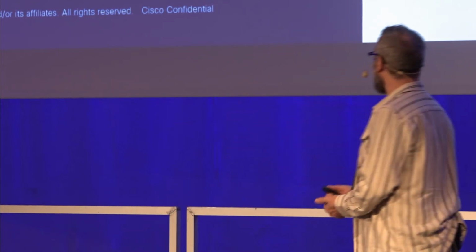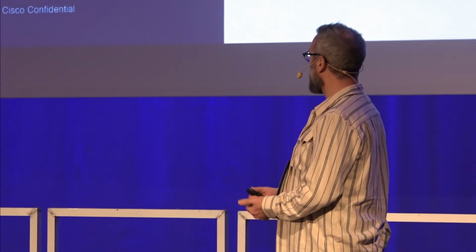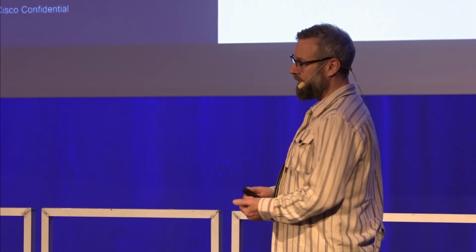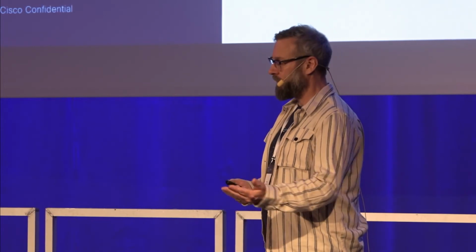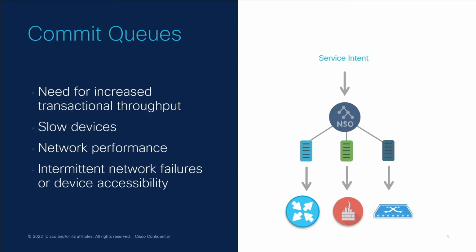So actually moving away from these synchronous transactions, we added this asynchronous way: you push in your intent into NSO, and then NSO creates the device configuration and puts it on the commit queues, and that will be processed at the rate that the devices can handle the configuration.